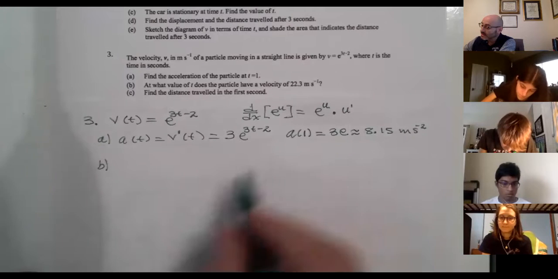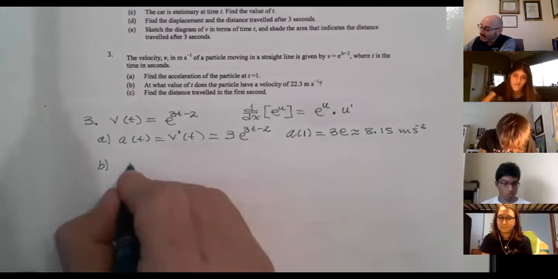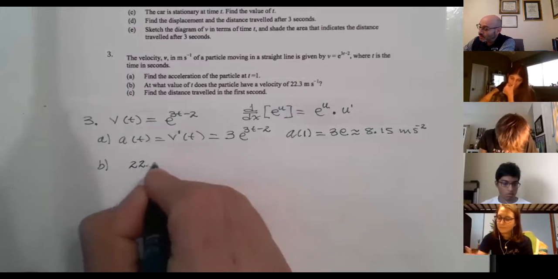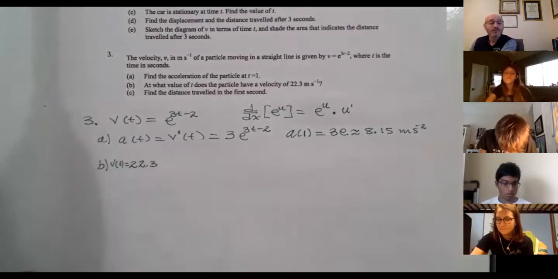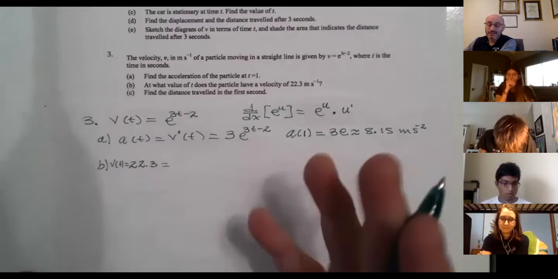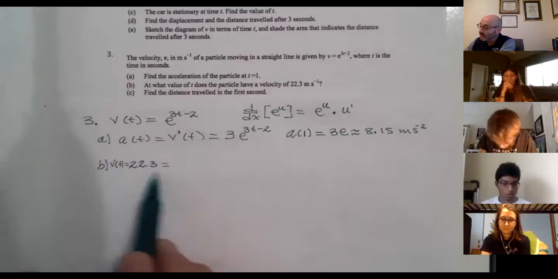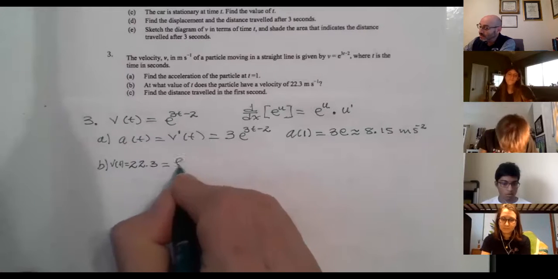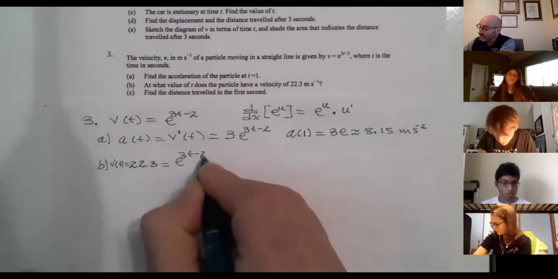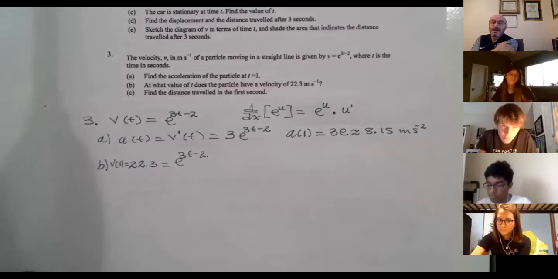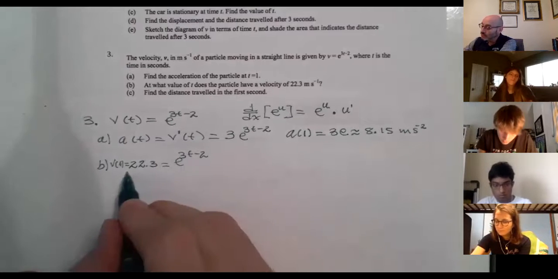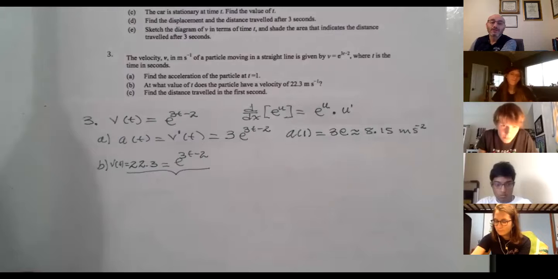They're telling me that the velocity at some value of t is 22.3, and they want me to find t. So what I have to do is set that number equal to the equation of the velocity, which is that. Then all I need to do is solve for t from that equation.